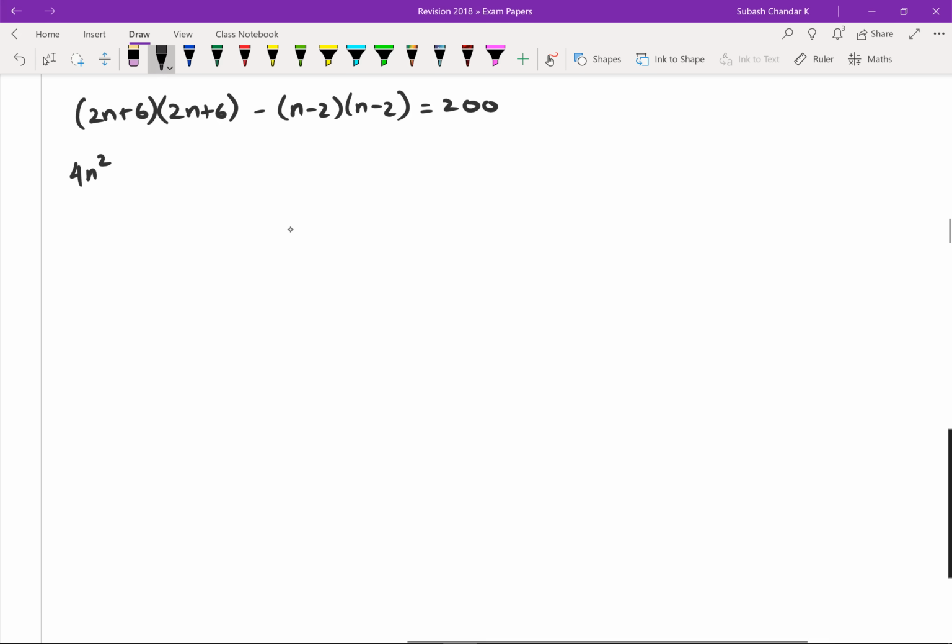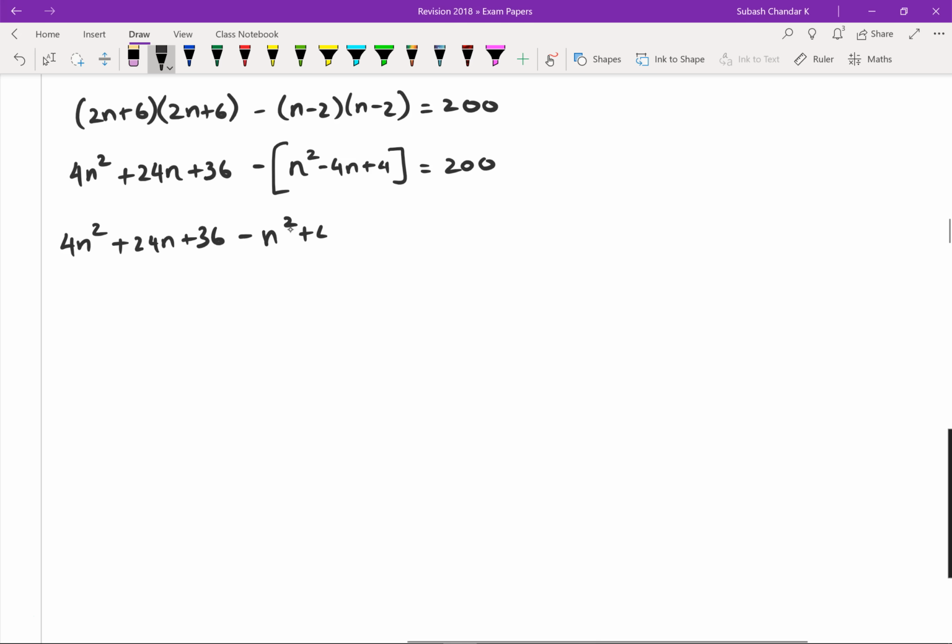We've got 4n squared plus 12n plus another 12n is 24n plus 36, minus, and this entire thing I'm going to put in a bracket, n squared minus 4n plus 4, and that's equal to 200. Simplifying this, I get 4n squared plus 24n plus 36 minus n squared plus 4n minus 4 equals 200.